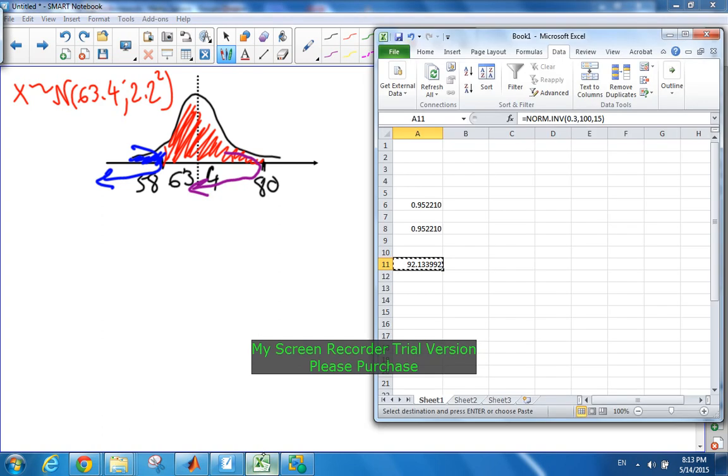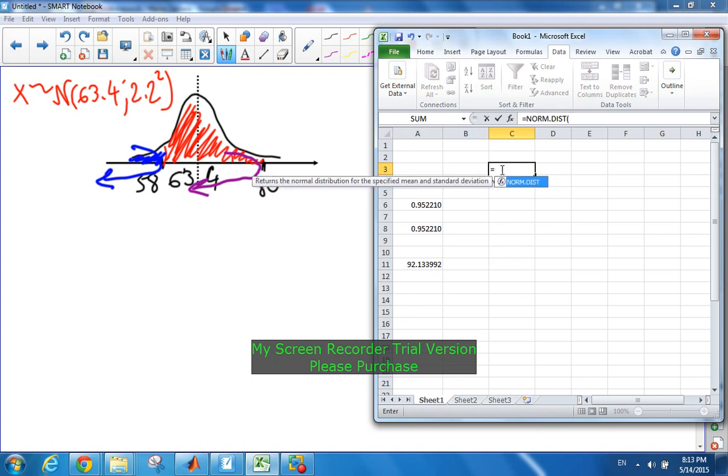Okay, so let me type in this cell equals norm dot dist of, now the value x, I first want 80, comma, mean, that's 63.4, standard deviation is 2.2, cumulative, yes, okay.